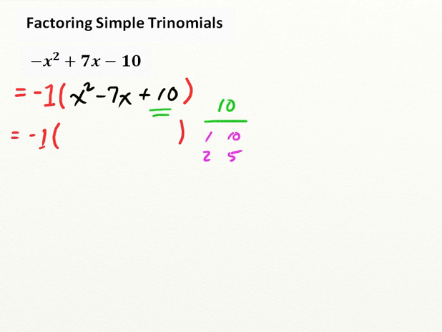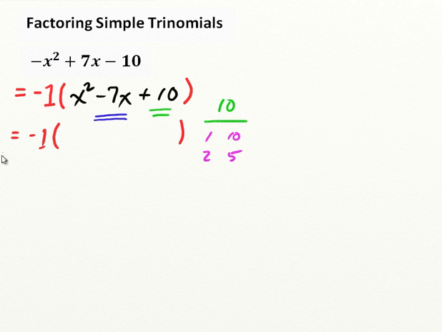Now I have to choose which factor to use. If I look at the middle term now, so let's take a peek. I'll use blue right here. The middle term is negative 7, and that means that when I add these two values together, I need to get negative 7.